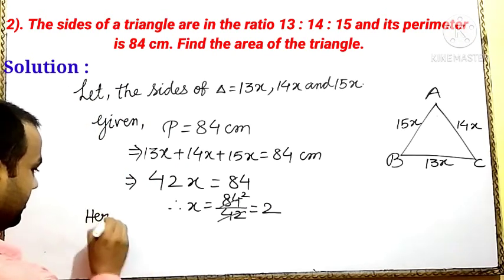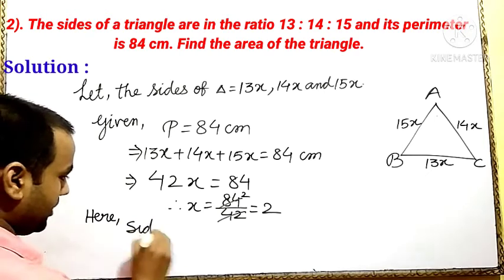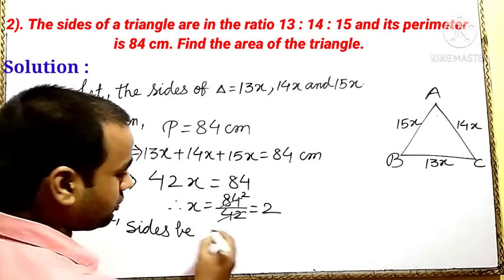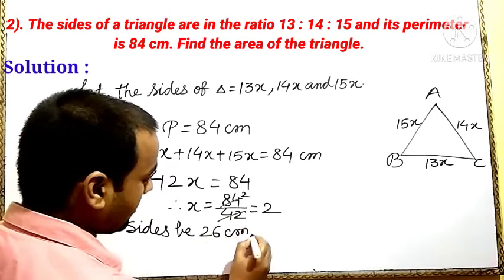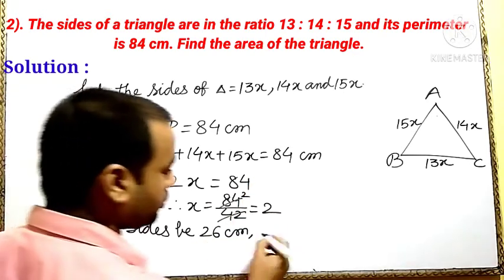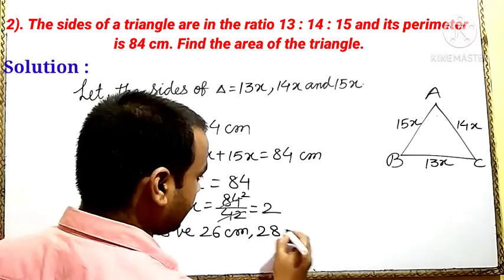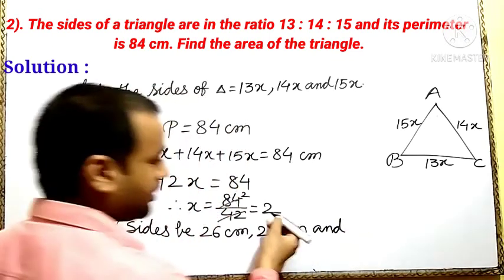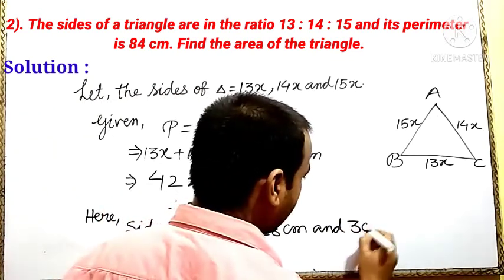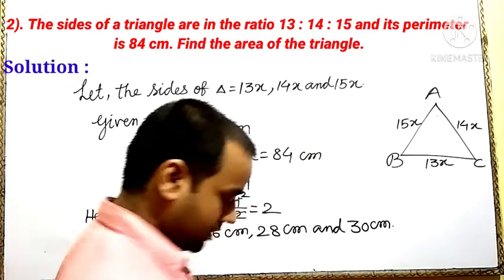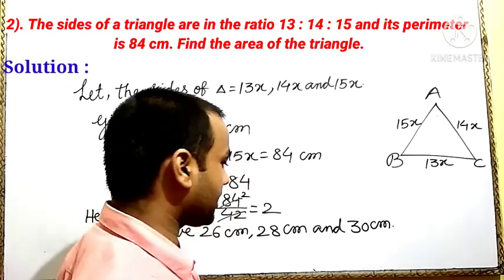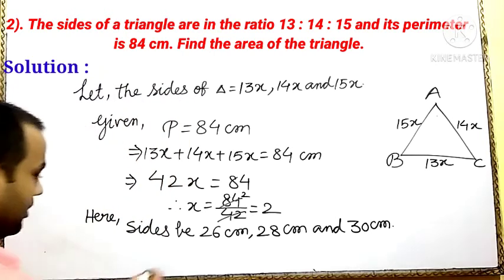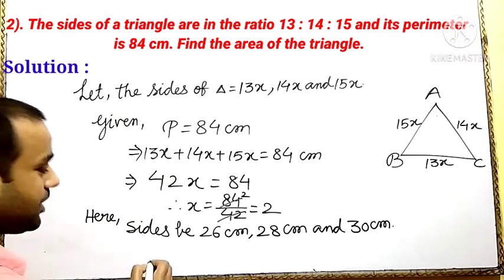So here the sides: 13x means 13 into 2, 26 centimeter. 14x, 14 into 2, 28 centimeter. And 15x, 15 into 2, 30 centimeter. So here find the area of the triangle. We use Heron's formula. First we find the semi perimeter.